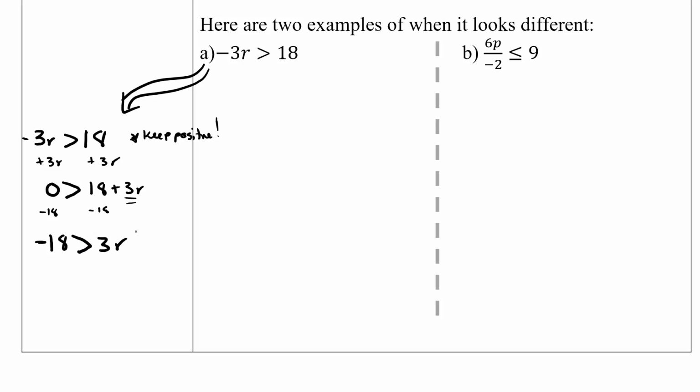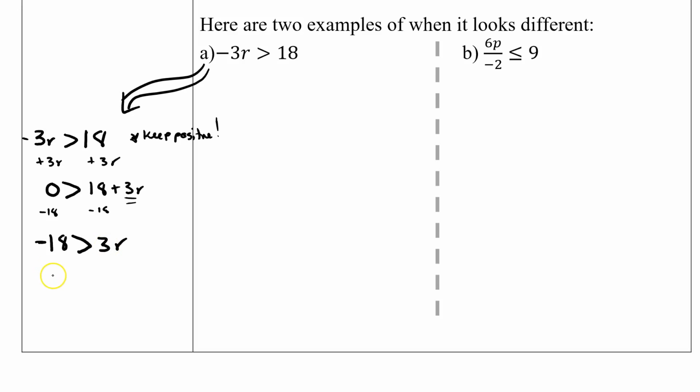Let's pause for a moment. In the original question, the negative was in the coefficient of the variable. Here, the coefficient of the variable is positive, but whereas up here, in the first line, the inequality is pointing the less than bit to the 18, now the inequality is pointing the less than bit to the 3r.